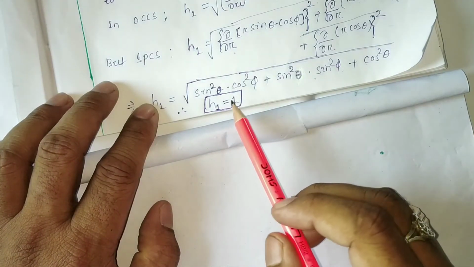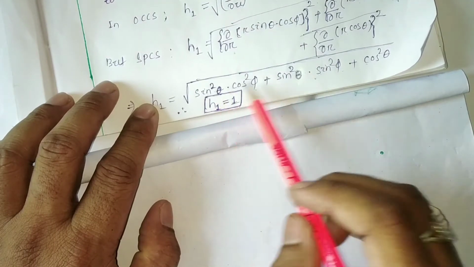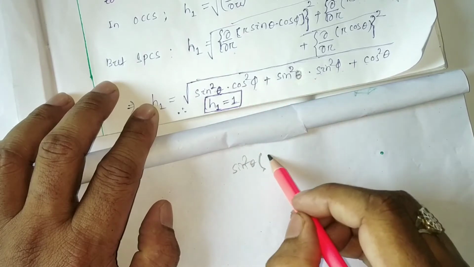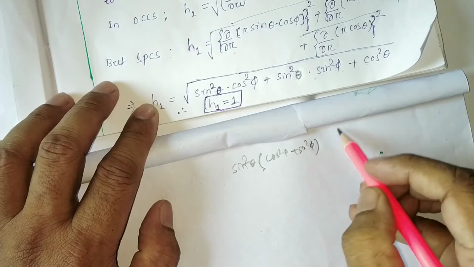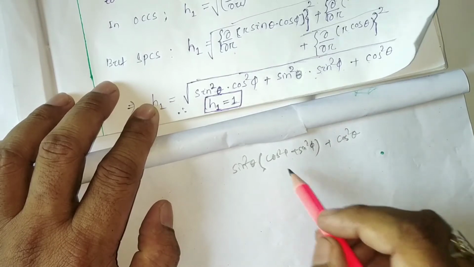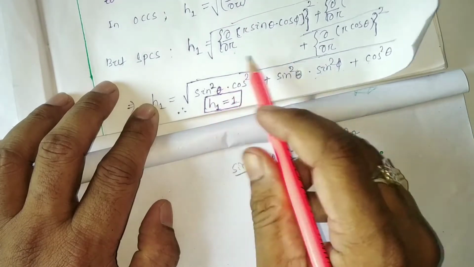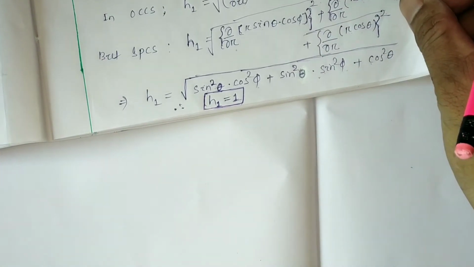Here I am going to take sin square theta common from these two terms. So sin square theta times cos square phi plus sin square phi, plus cos square theta is there. So this value is 1. Sin square theta plus cos square theta will be 1. Root over of 1 will be 1. We found H1 equal to 1.